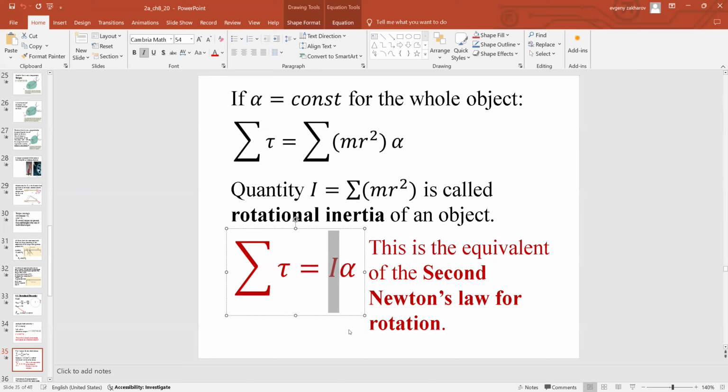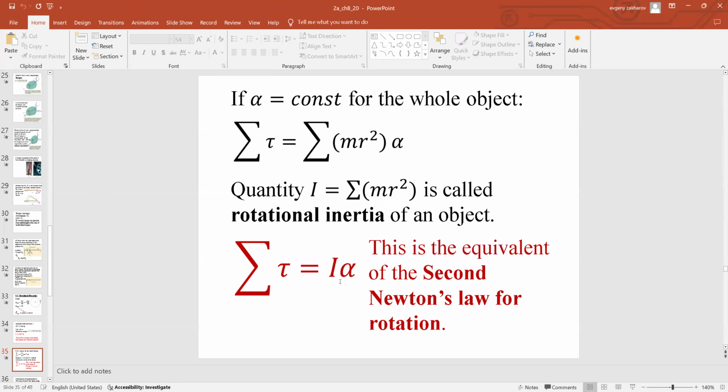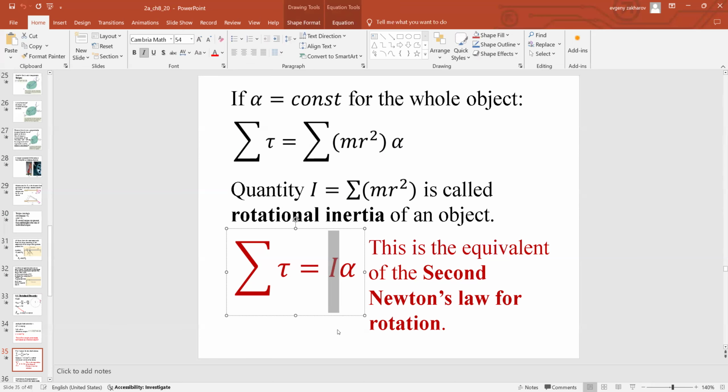Now it's not a particle, it's an extended object made up of different atoms and molecules, which are located a certain distance away from the axis of rotation, and the way to represent that for calculation is to consider rotational inertia rather than the mass.